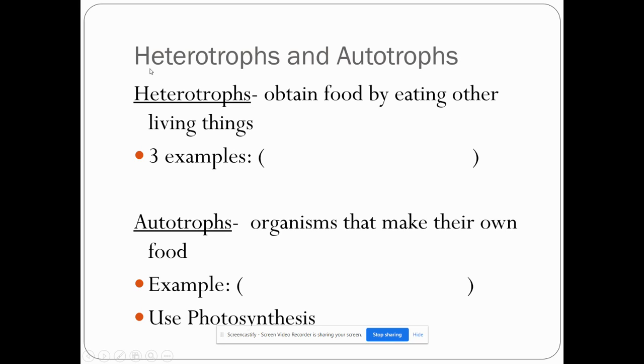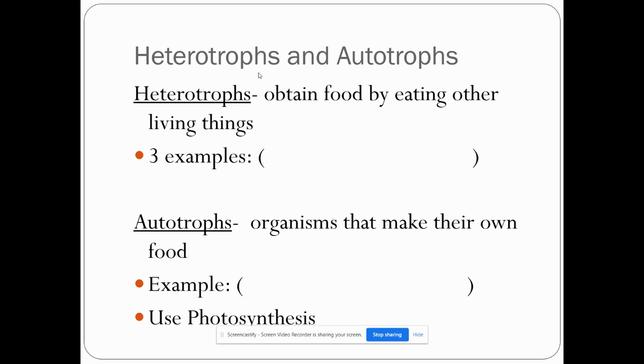A lot of you said this term was the opposite of something, so you're on the right track. Troph means to eat. So a heterotroph is a living thing that gets its energy by eating something different, or eating another living thing.